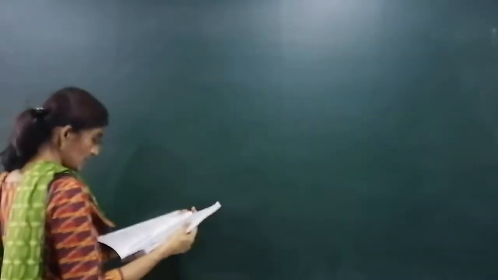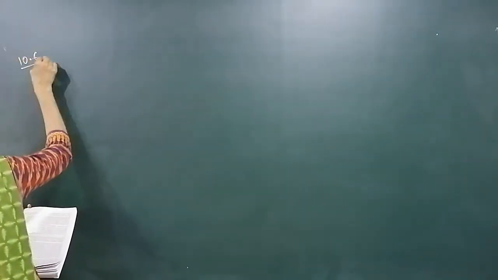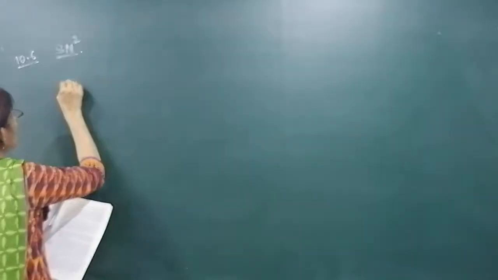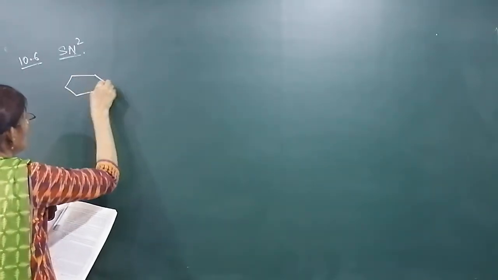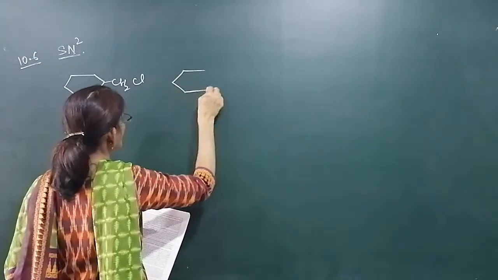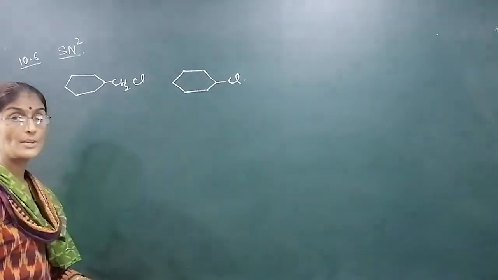Suppose it is given, question number 10.6. Which undergoes SN2 faster. 2 compounds are given. First is this one, here it is CH2Cl, and this is the second one, here it is Cl. Which will undergo SN2 faster?